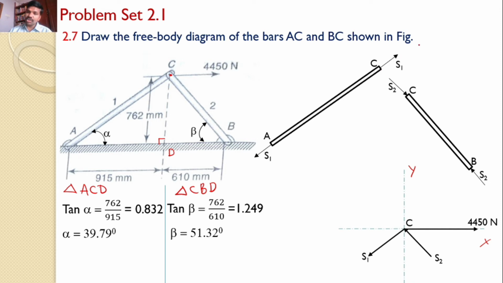The angle made by the horizontal with S1 is alpha, which we calculated as 39.79, and the angle made by S2 with the horizontal is 51.32 degrees.